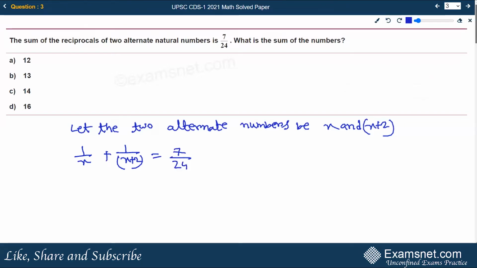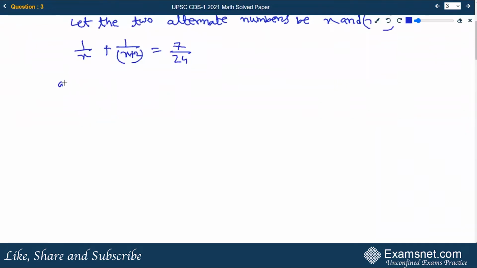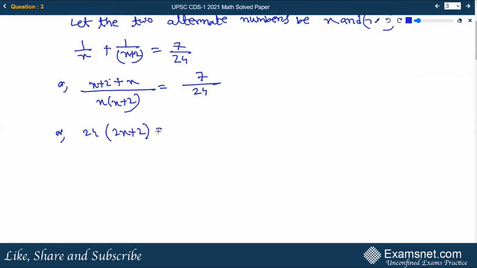So we will get here the LCM, x multiplied by x plus 2, equals 7 by 24, or 24 multiplied by 2x plus 2. After doing the cross multiplication, we're getting x squared plus 2x, right?